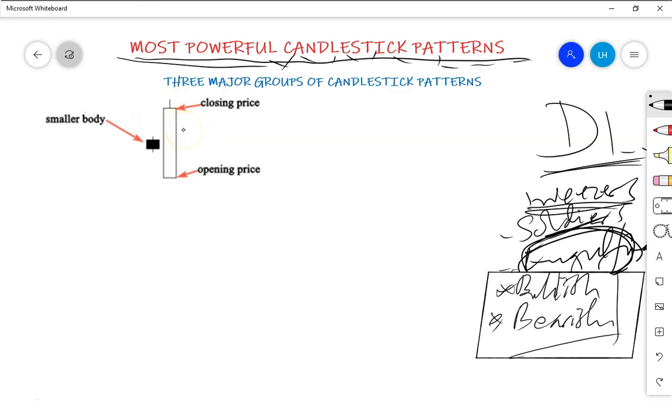So if buyers are in control until the time this candle was closing, we expect they will keep on pushing up. The next candle can keep on pushing up, or it may come down a little bit, to a certain percent. Usually we look at 50%.